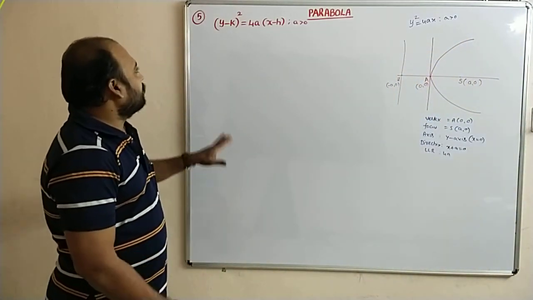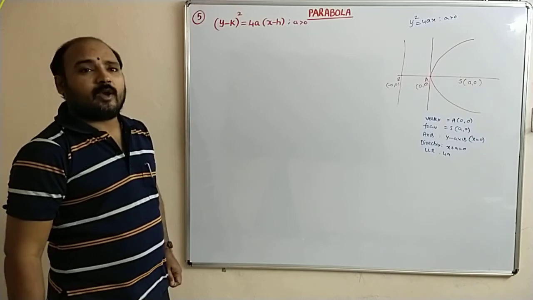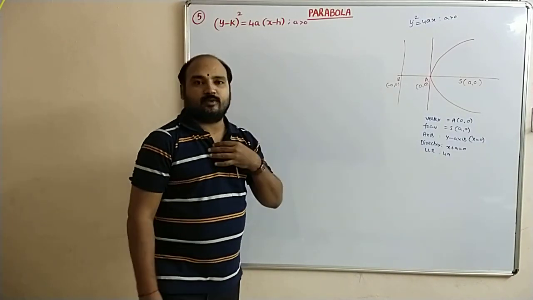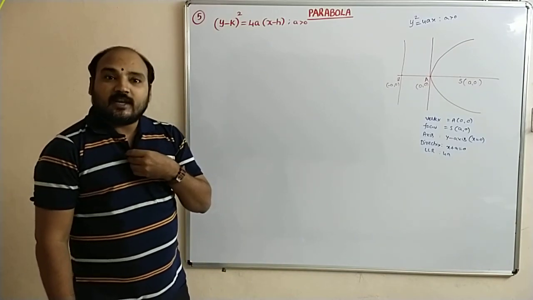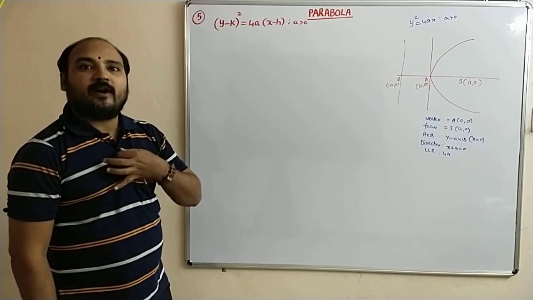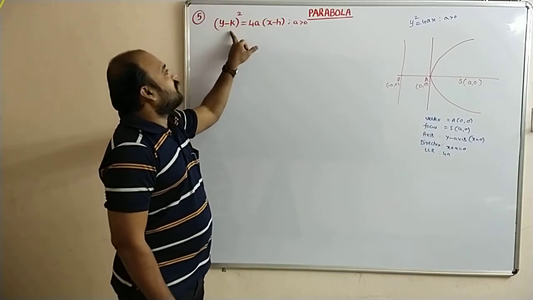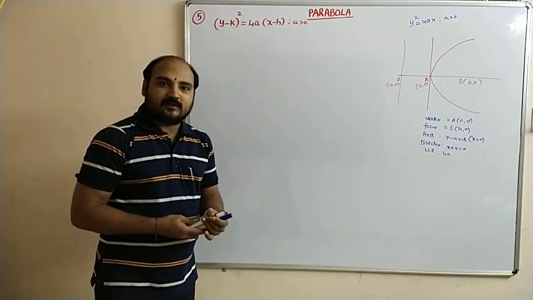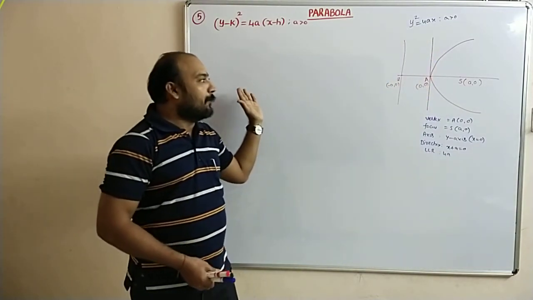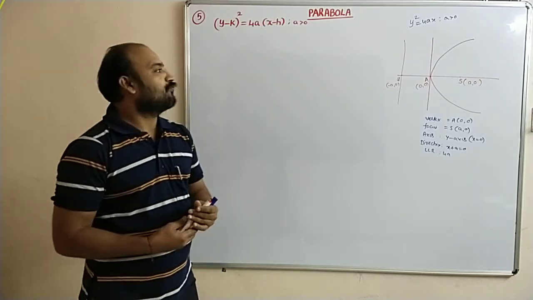See that y minus k whole square equal to 4a into x minus h, where a is greater than 0. This is the equation of a parabola whose vertex is not at the origin but at h comma k. That means observe the figure of y square equal to 4x. Here comparison is very much required.